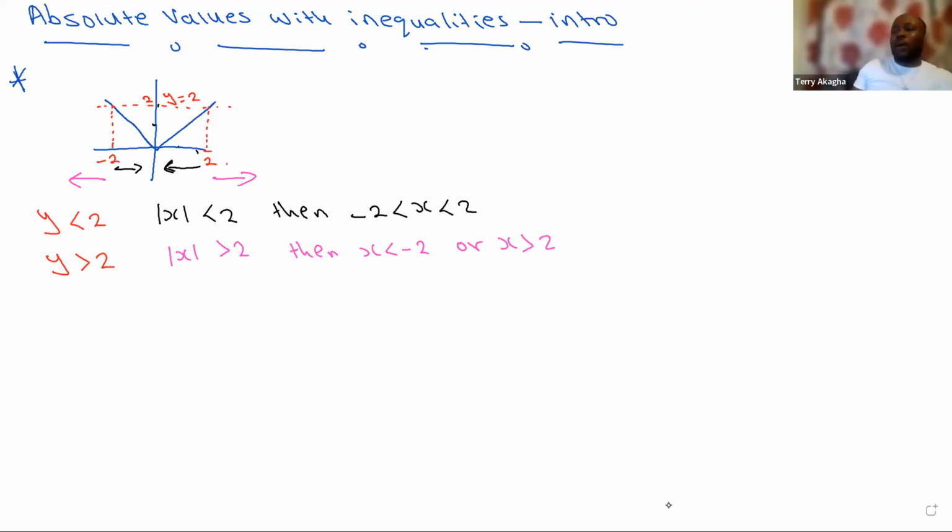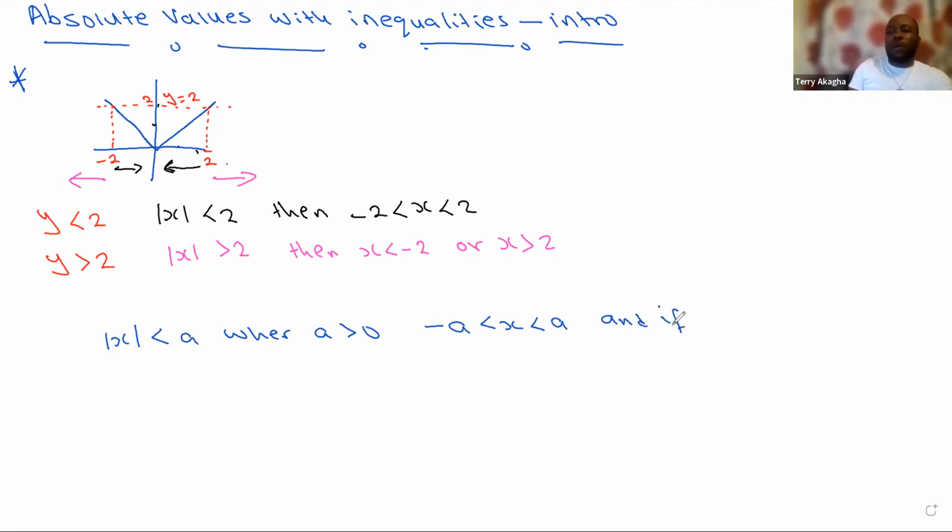So generally, I can now say that the modulus of x less than a, for any value of a where a is greater than 0, the answer we should be expecting is x greater than -a and less than a.